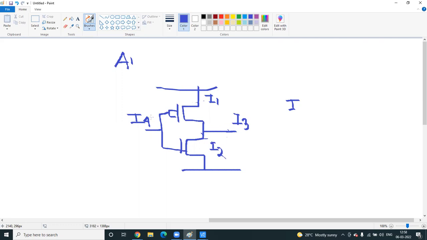So I4. No, I4 is a wrong answer. I3, sir. I3 is a wrong answer. My question is which current will cause EM?